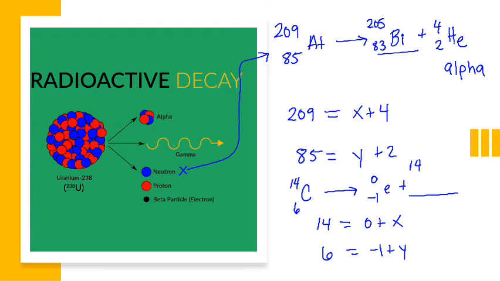So y, which is our atomic number, has to be 7, because 7 plus negative 1 is 6. We look at the periodic table and figure out which atom has an atomic number of 7. What we get is N for nitrogen, and that is the correct answer. There's one more thing we could have. We know that this is beta, so this is beta decay.